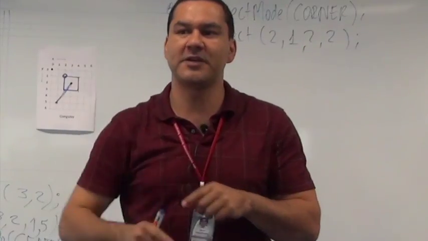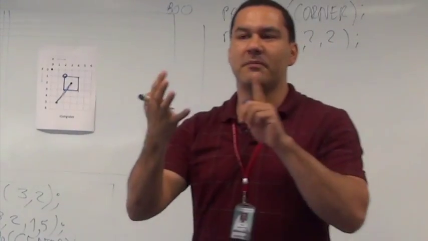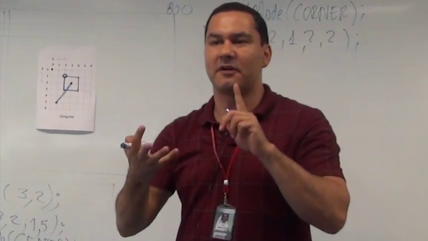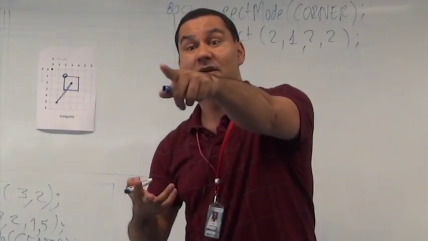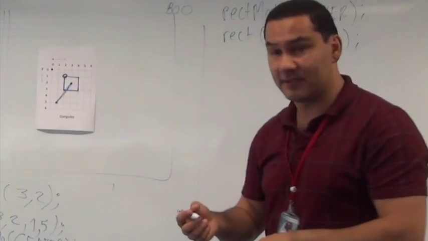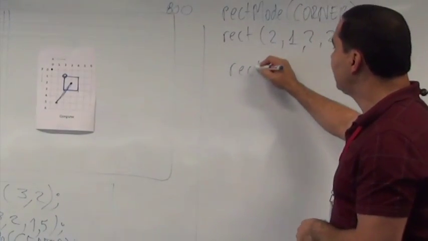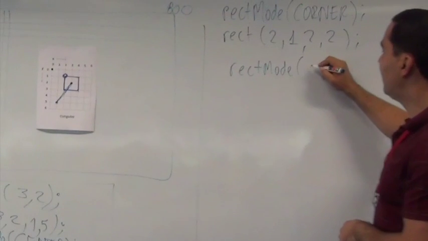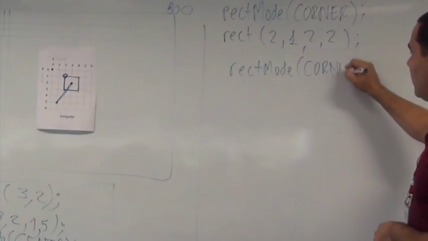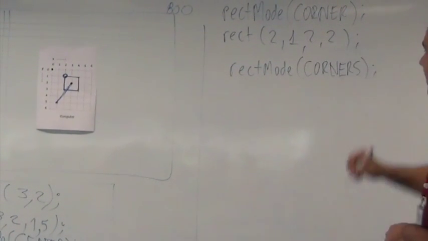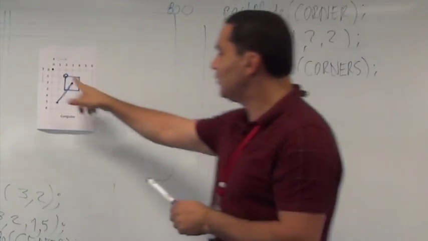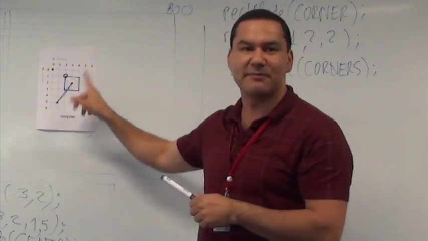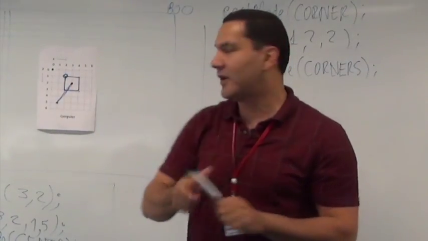There's one more variation. Apart from corner and apart from center, there's one more. Yes? Corners with an S, right? So if you use rectMode and you put between parentheses corners with an S, this is a different instruction. You can draw exactly the same square, but doing it this way.